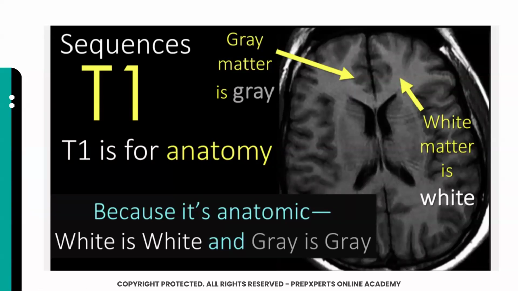I'm just explaining in very simple layman language. I know you know the concept. So for remembering, for understanding, let's keep it simple. So gray matter is gray because it is less in fat, more in water. And axons are covered by fat. So that is your white matter, and that is brighter on T1. So for T1, gray is gray, white is white.